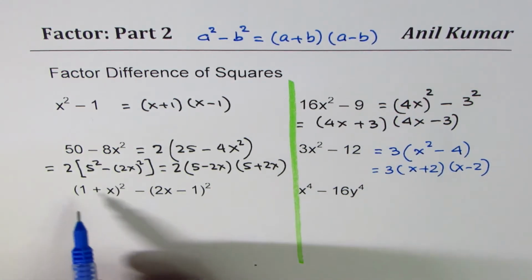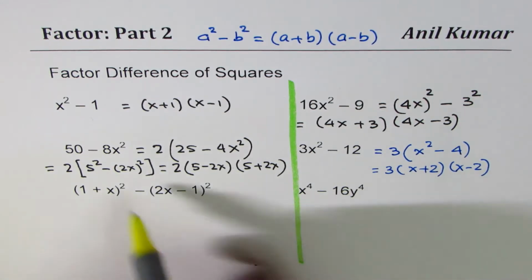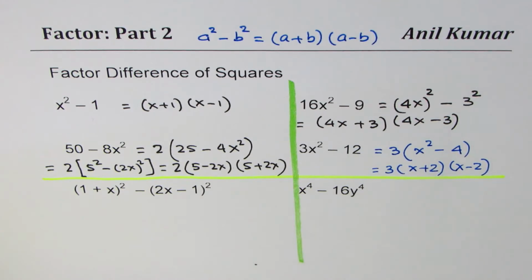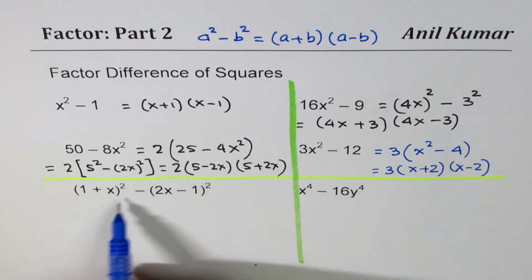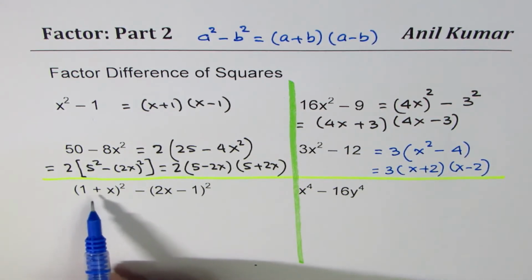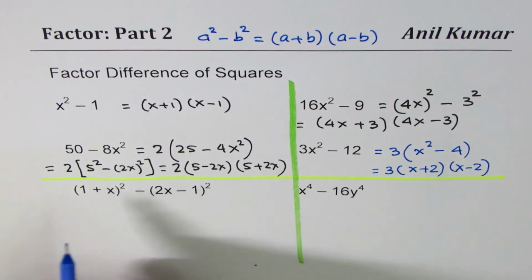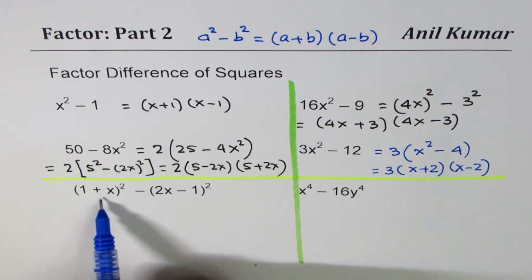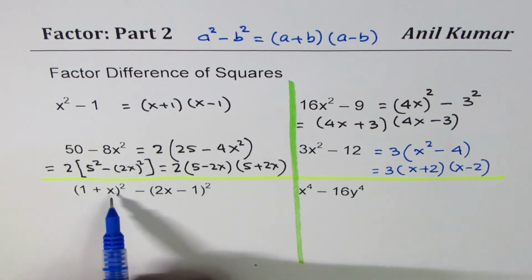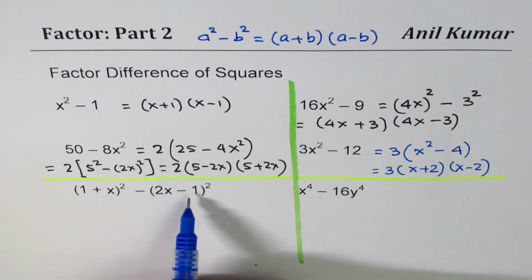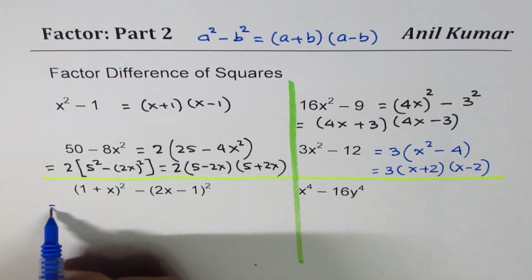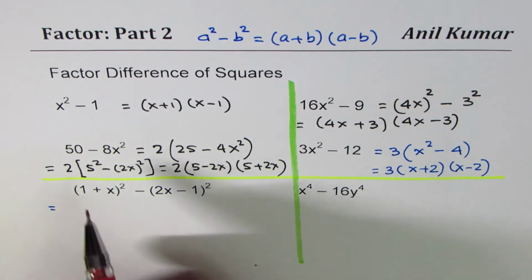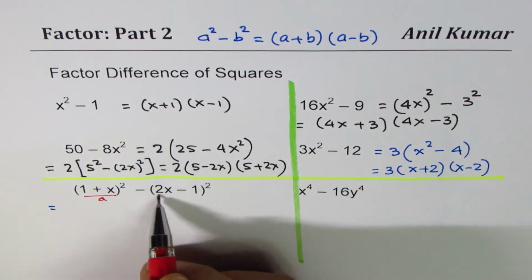Okay, the next one is kind of difficult. I mean, it's a new level, right? Now here what we have is not just one term. This is a binomial term, but you see squares over there. So it's kind of a squared minus b squared. A is 1 plus x now, and b is 2x minus 1. So I could write this in factored form. What I'm trying to say here is treat this as a and treat this as b.